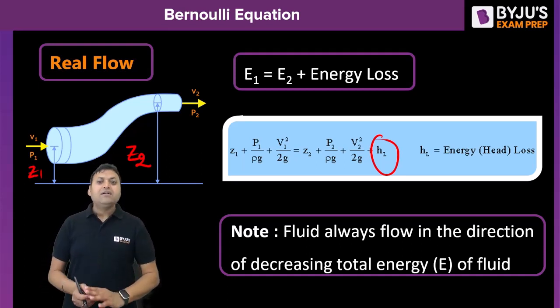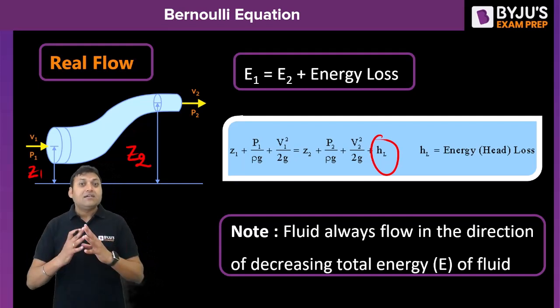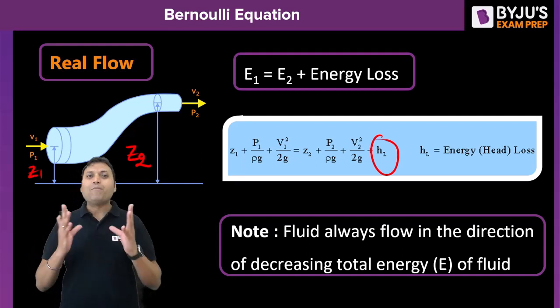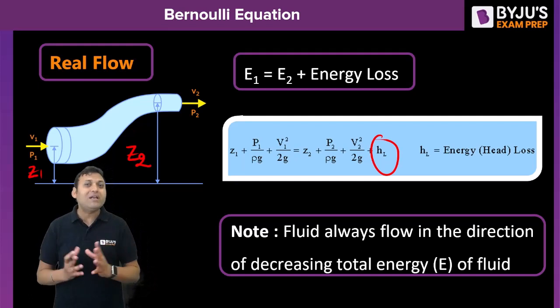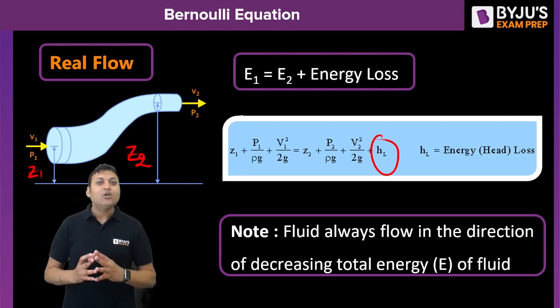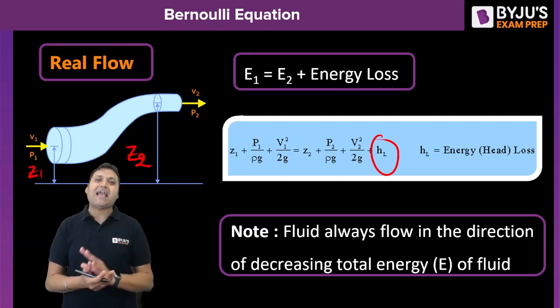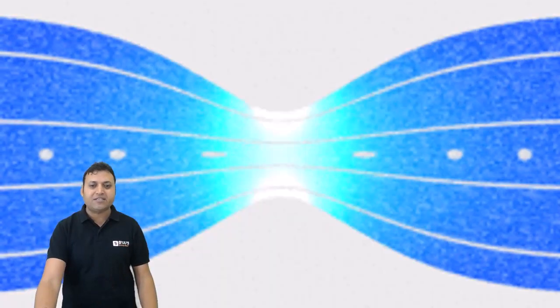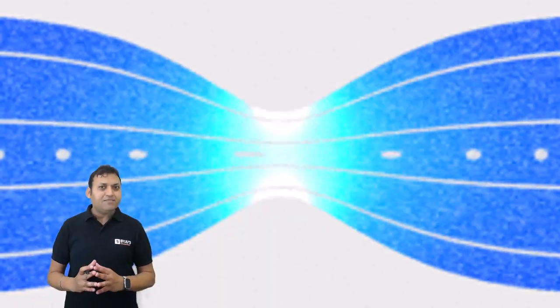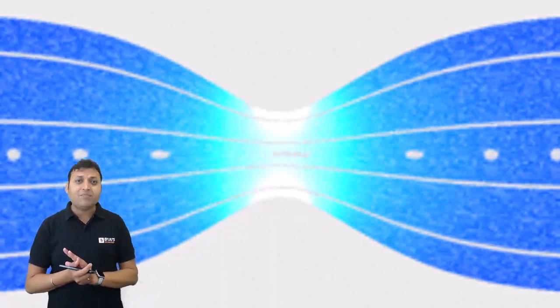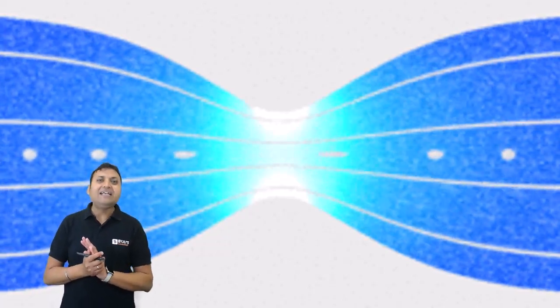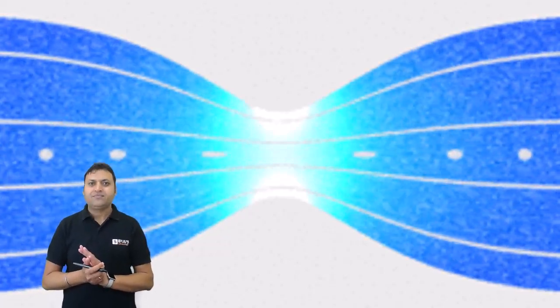All right, so let us see how the Bernoulli principle or the Bernoulli equation is applied to practical situations. For example, there is a horizontal pipe in which an ideal fluid is flowing, right?